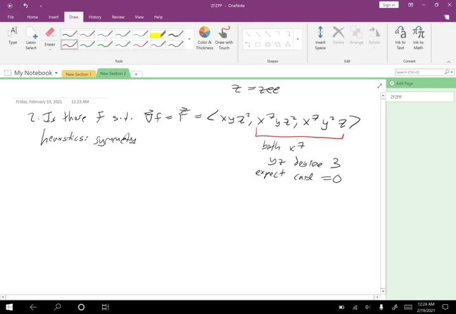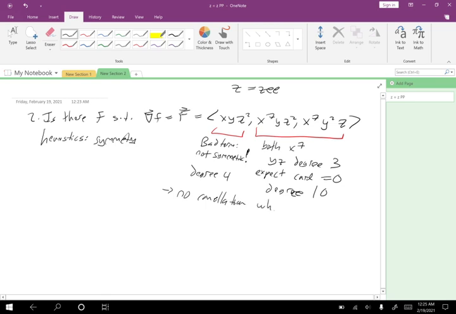However, we have a bad term. This is not symmetric. It does not have other terms that look like it. One way to see this is that this is a degree 4 polynomial, whereas these other ones are degree 10. Certainly, these will not match, and so there will be no cancellation when you apply the curl operator.